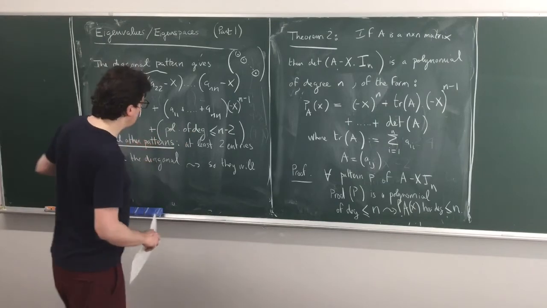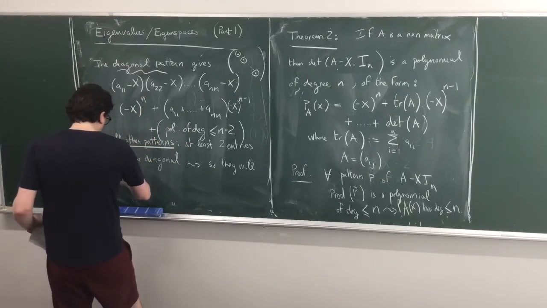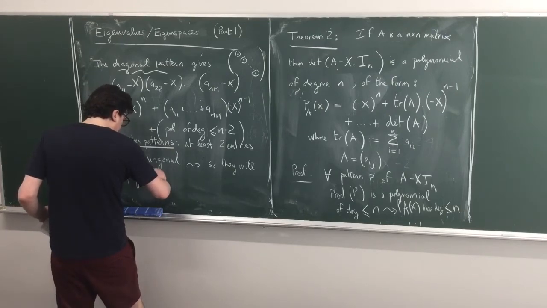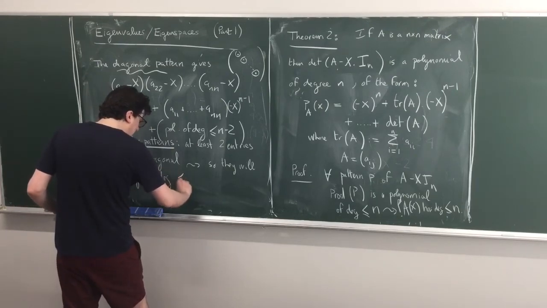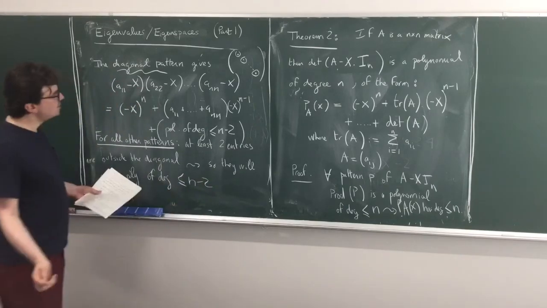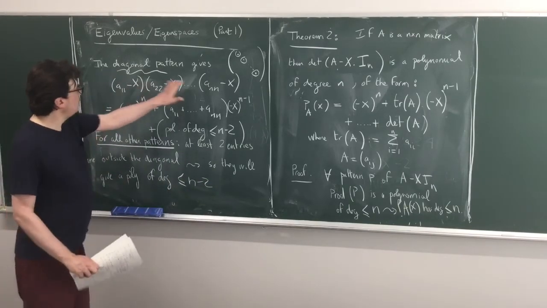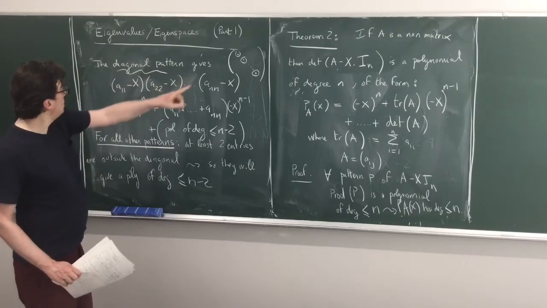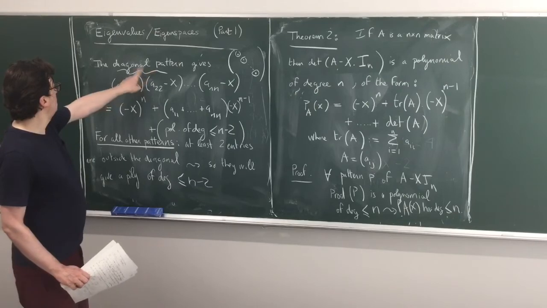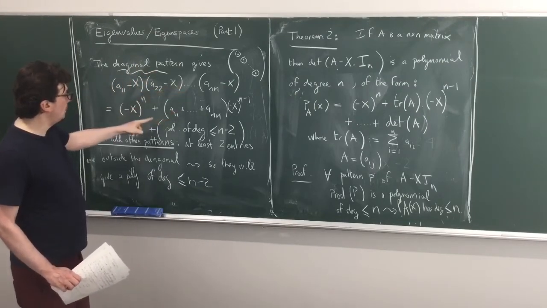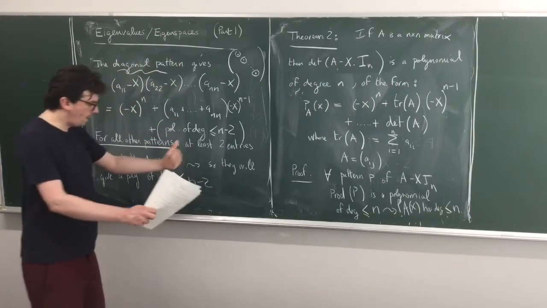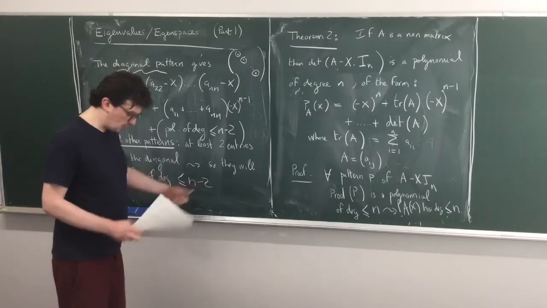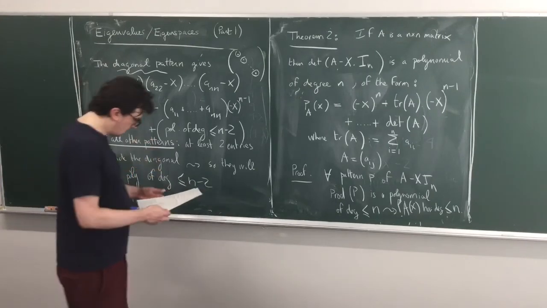So they will give a polynomial of degree less than or equal to n minus 2. So the highest term of this determinant only involves the pattern with the diagonal, because all the others have entries which are not on the diagonal, and so they will give some polynomial of degree less than n minus 2.